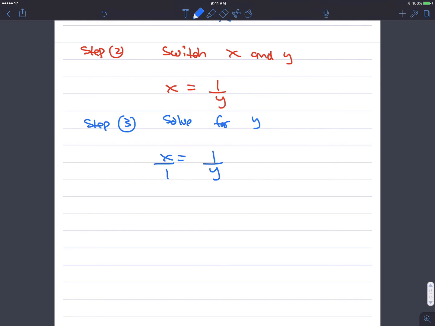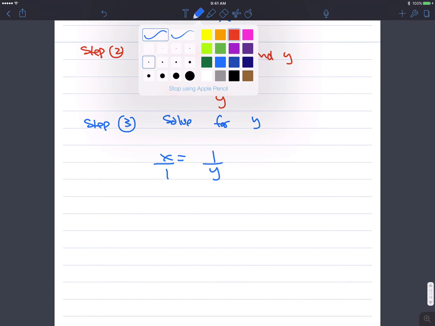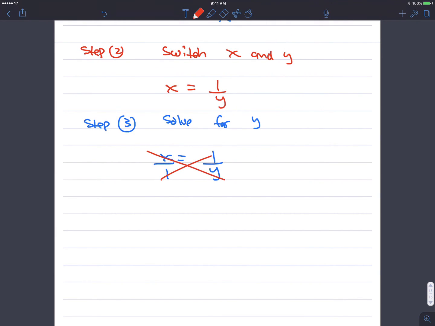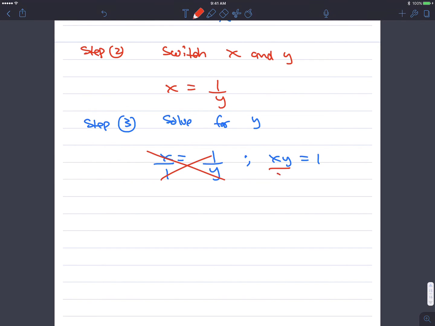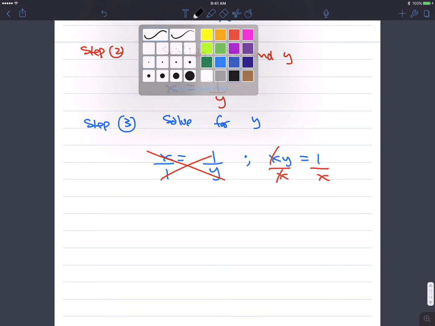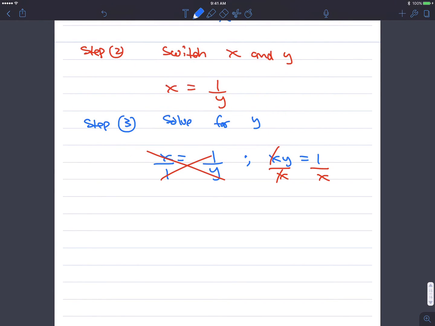You guys know how to solve for y? Well, isn't this a proportion? Equal ratios? Cross multiply. What do you get? xy is 1. Divide both sides now. We're solving for y. Divide by x. What do we get? y equals 1 over x. Step 4.